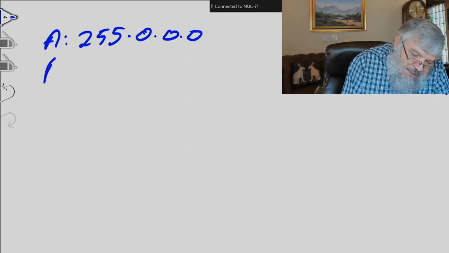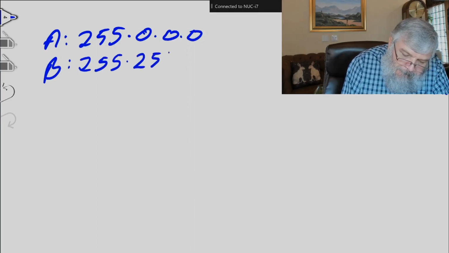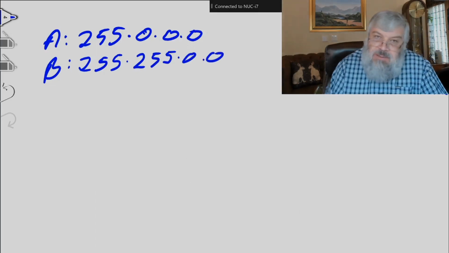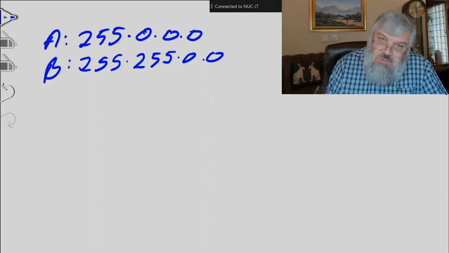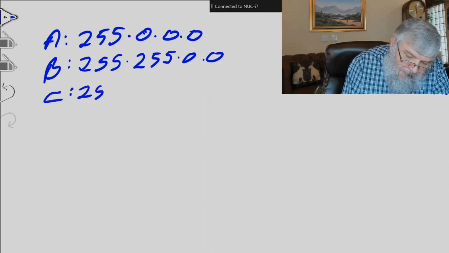The next possibility, class B network, the net mask would look like that, because the initial part forms the network portion, and then 2 bytes remain for the host portion. And a class C similarly will look like this.